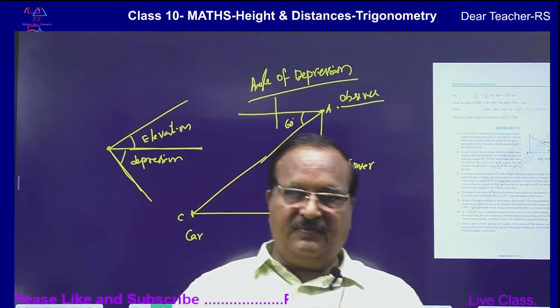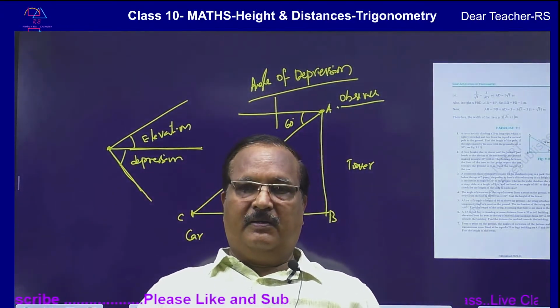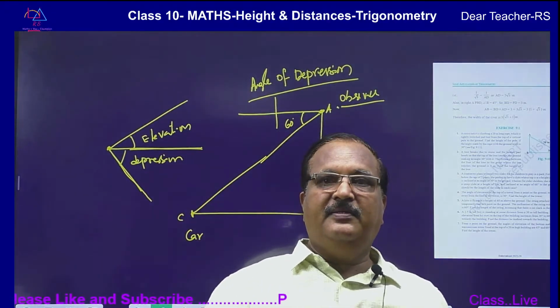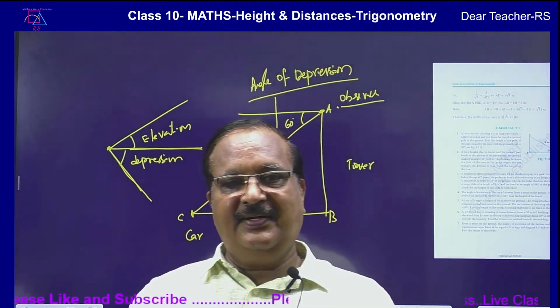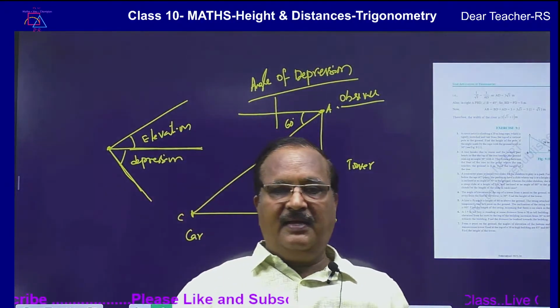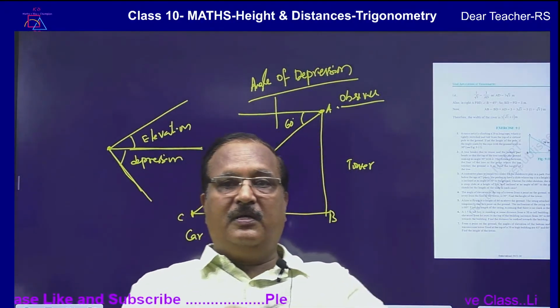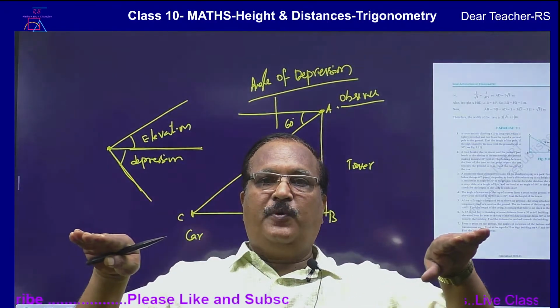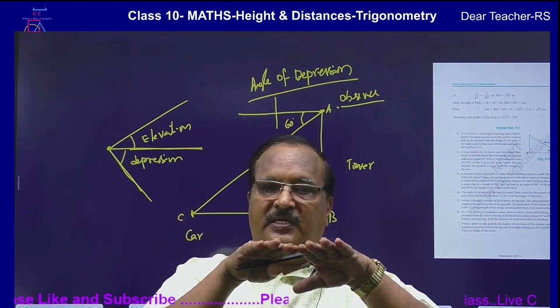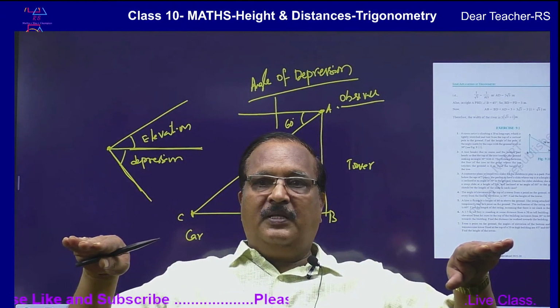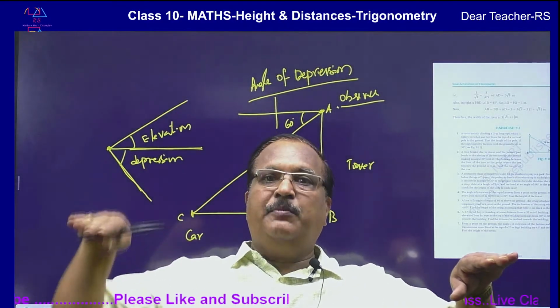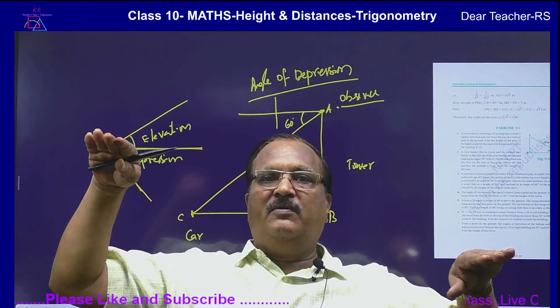In the problems, if it is given angle of depression, don't think that depression is related to psychology. Depression is the angle which we are looking at down from the horizontal. Always at the point of observation, horizontal should be drawn. Now if the angle lies above the horizontal, we call it angle of elevation.